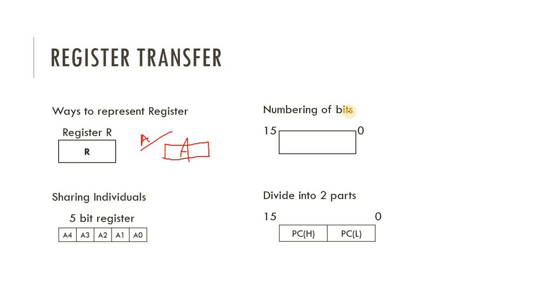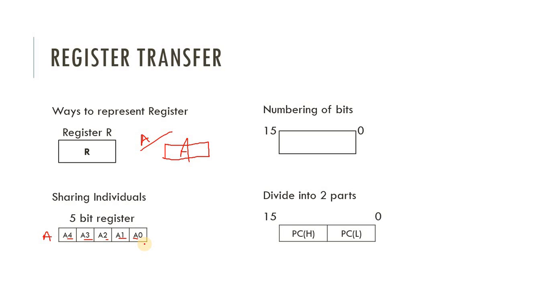The second way is showing individual bits. We know that if the register is n bits, then it contains n flip-flops. It means there are n sub-partitions in that one register. Suppose here is a 5-bit register, and the name of the register is A. Then we represent each block as A0, A1, A2, A3 and A4.